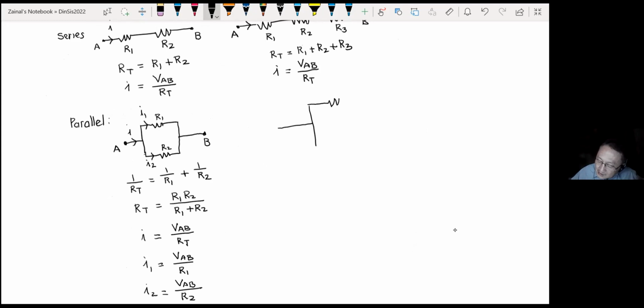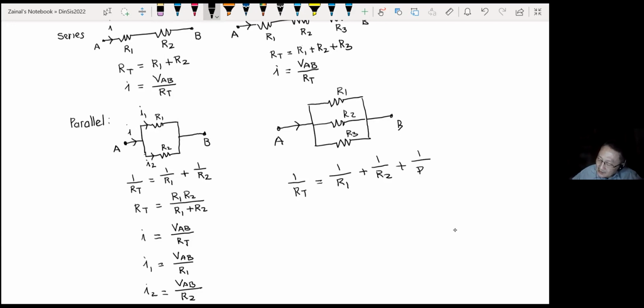If you have something like this, R1, R2, R3, with point A and point B, then you can use this: 1 over total resistance is the same as 1 over R1 plus 1 over R2 plus 1 over R3.